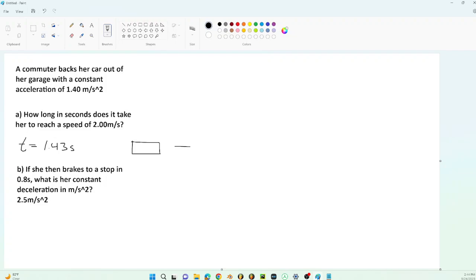She accelerated to this point, and now her velocity is equal to 2 meters per second. Now at this state, this question is asking, if she brakes in 0.8 seconds, she comes to a complete stop. So in 0.8 seconds, her velocity is equal to 0 again.